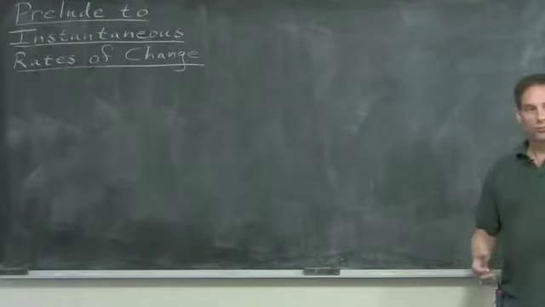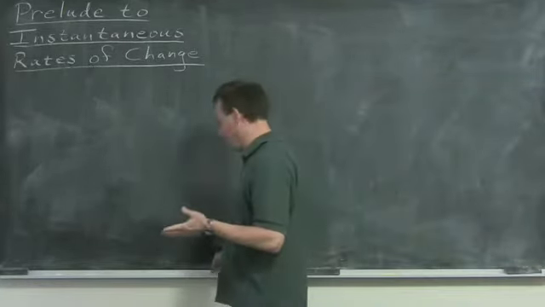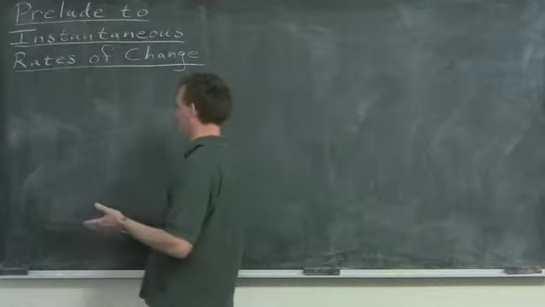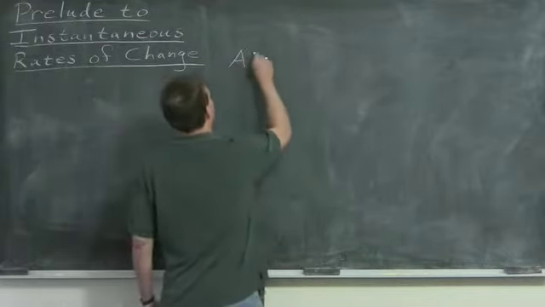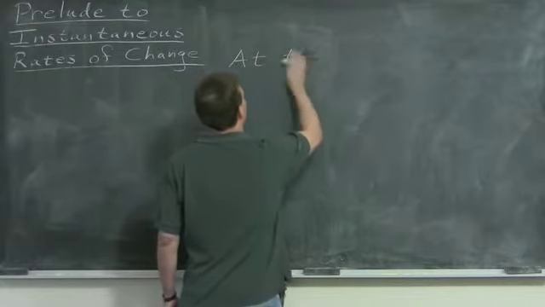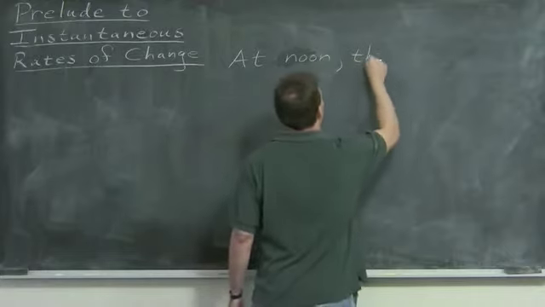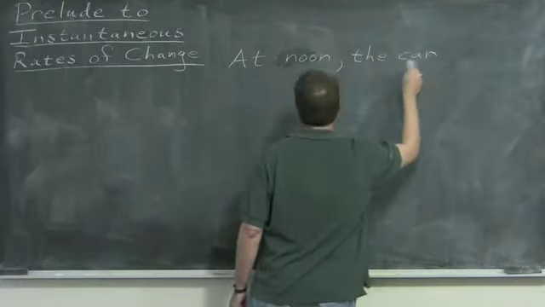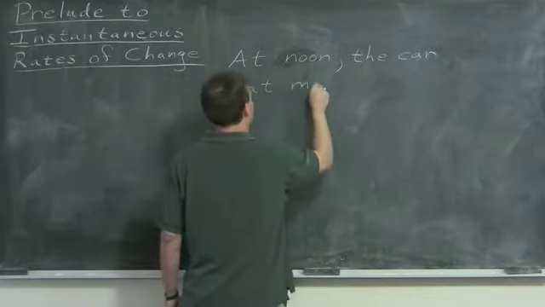So let's return to the problem that we started with in the last section of a car traveling down a straight road at noon. The car is at mile marker 37.